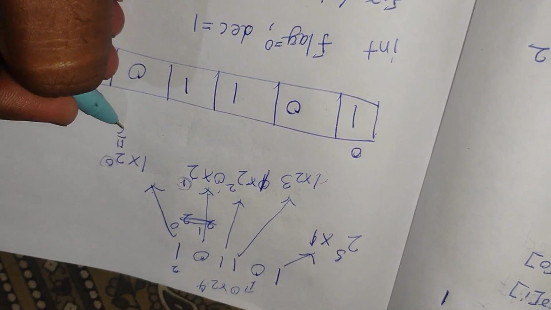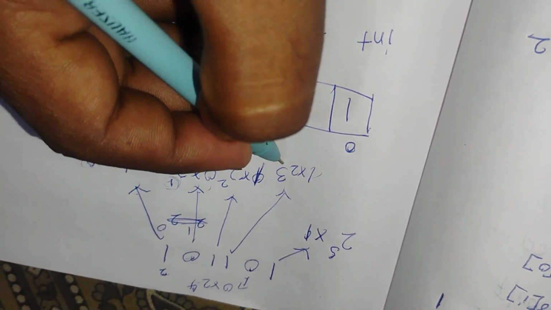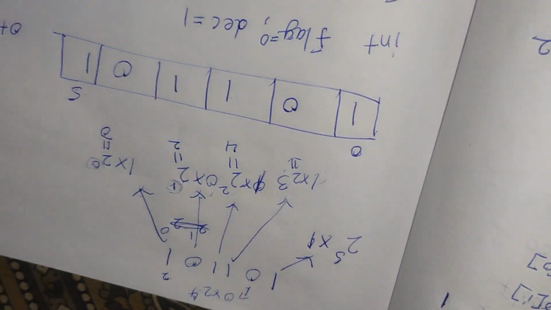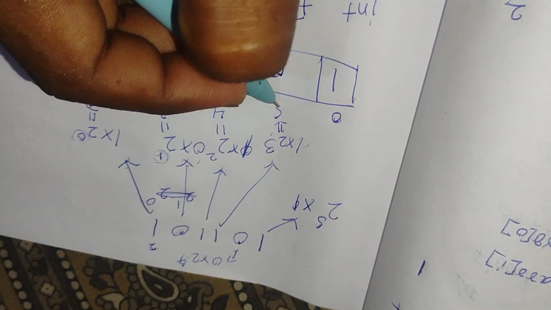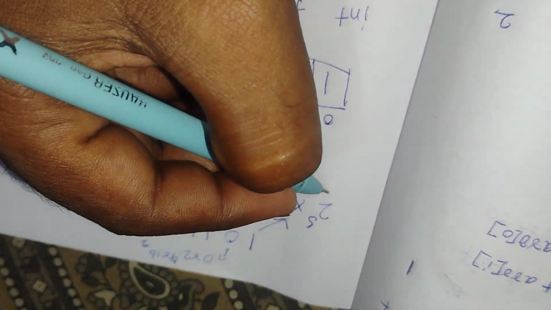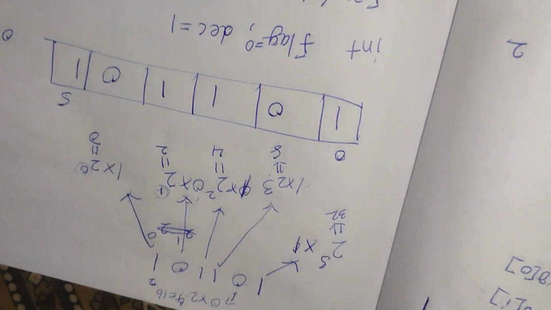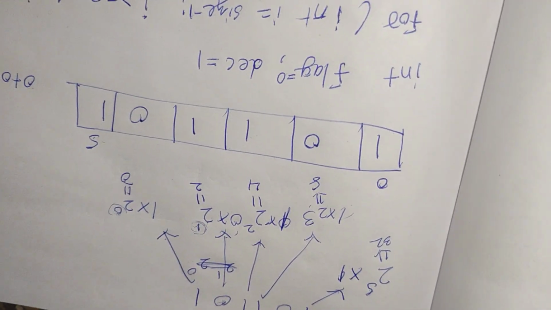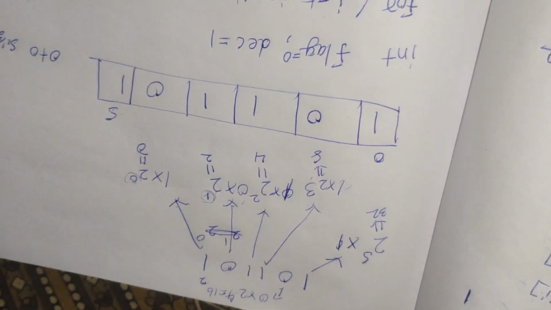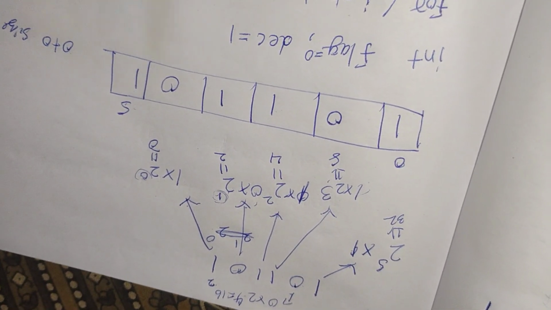So 2 to the power of 0, 2 to the power of 1, 2 to the power of 2, 2 to the power of 3 is 8, 2 to the power of 4 is 16, and this one is 32. So this thing needs to be updated. So flag, that's why I'm starting from 0.